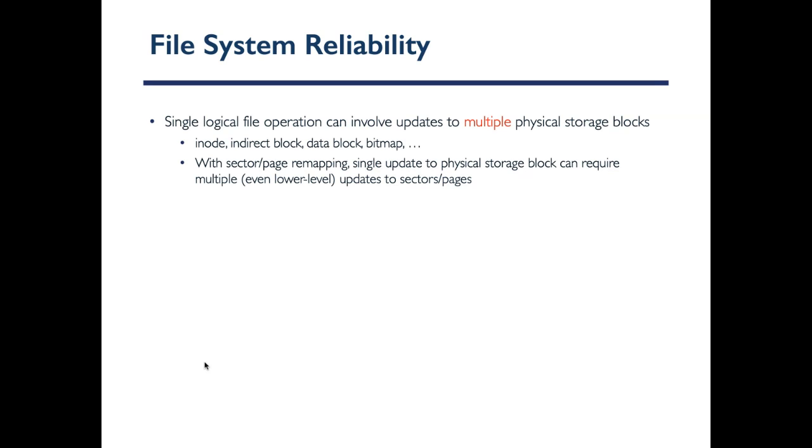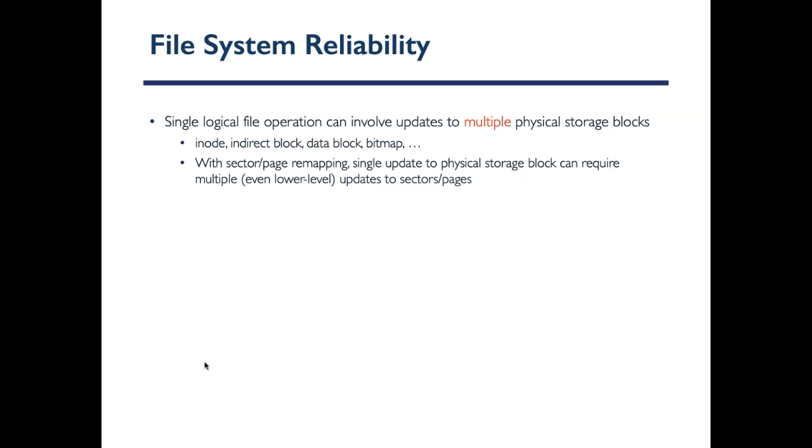So let's say you want to create a file. This single act of creating a file is translated into a bunch of operations, right? You have to allocate disk space. You have to modify your free bitmap.